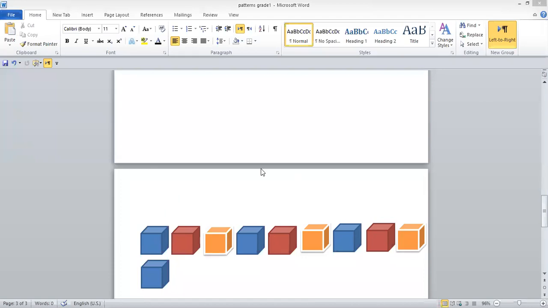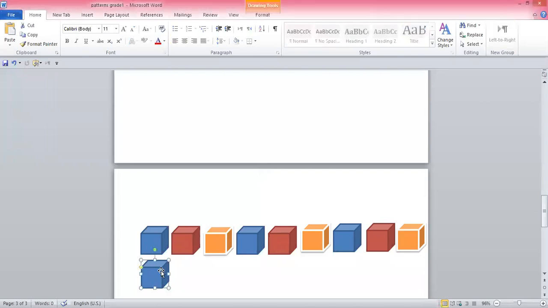Welcome. Okay, I'll take one more student. Rashid Ahmad. Yes, sir. Yes, Rashid. Can you tell me after this blue cube, which cube should be next? Red. How do you know?